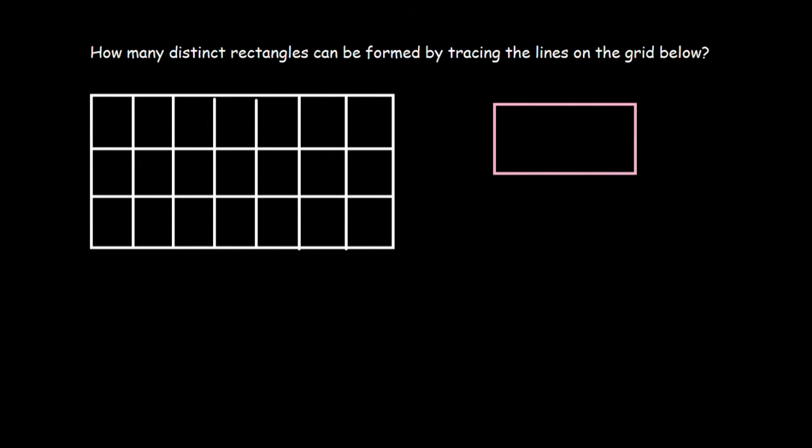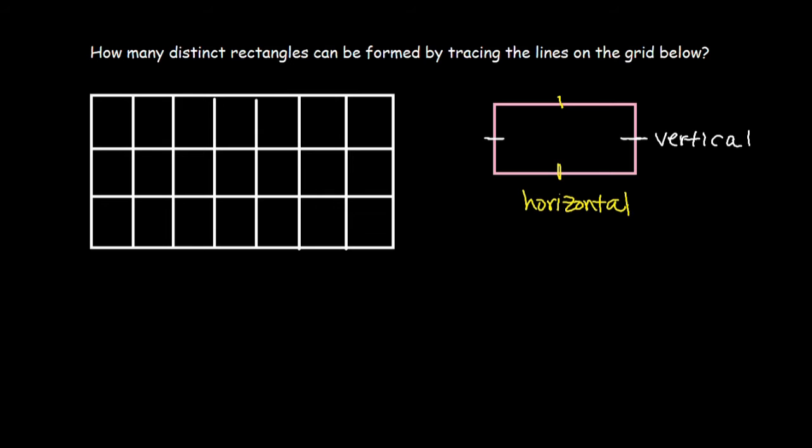We know that these sides are equal to each other, and this is more likely the vertical side of the rectangle, or the length. And you have these two sides, which are more commonly known as the horizontal sides, or you might have known it as the width.